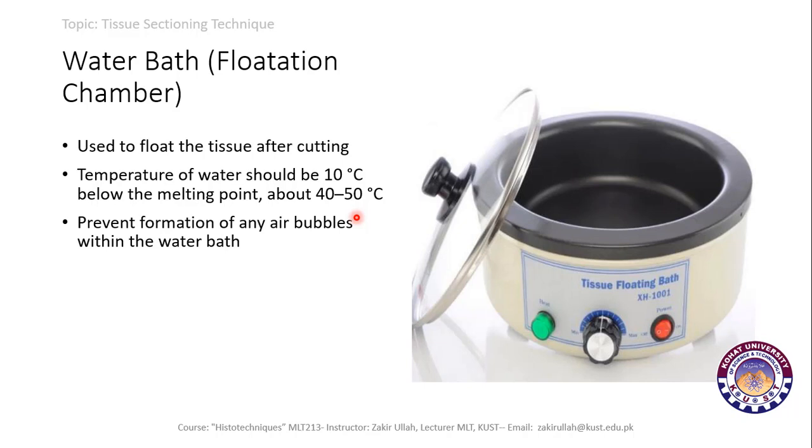This water bath also prevents the formation of air bubbles when the tissues are cut, and it should be noted that no bubble formation should be found in the water bath.